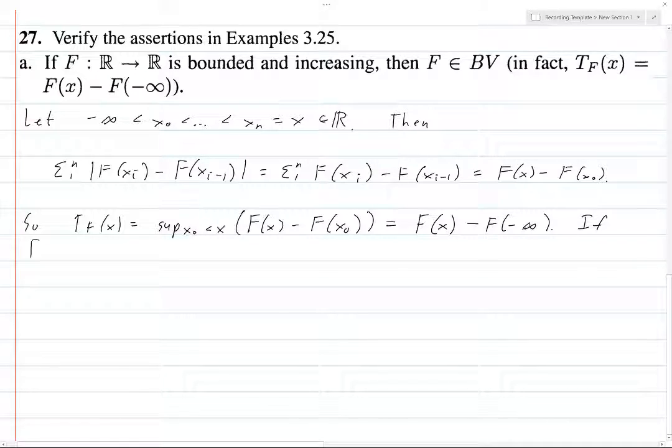So if f is bounded by, say, M, then T f of x is, let's see here, well, this is just f of x minus f of minus infinity, and certainly we can bound this by 2M.